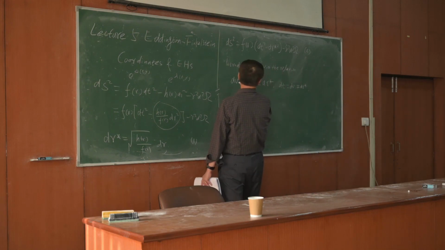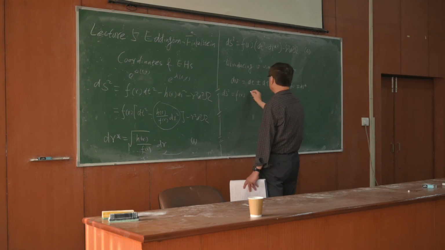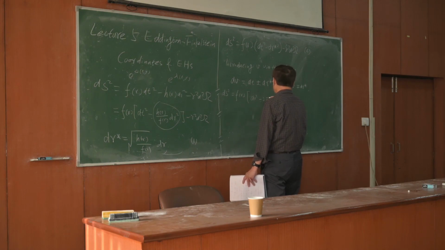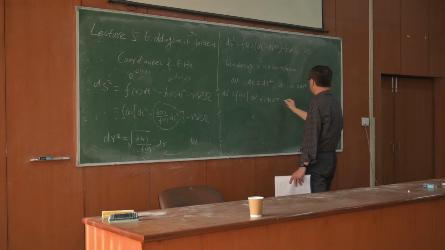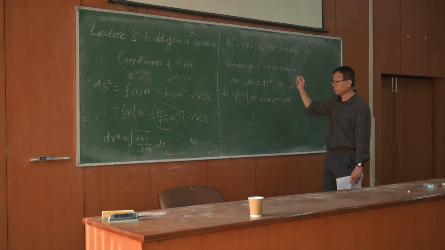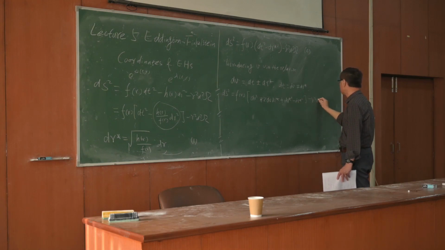So I have ds squared equal to f(r) dt squared, which gives dv squared minus or plus 2 dv dr star, plus dr star squared, then minus dr star squared, and minus r squared d omega squared.